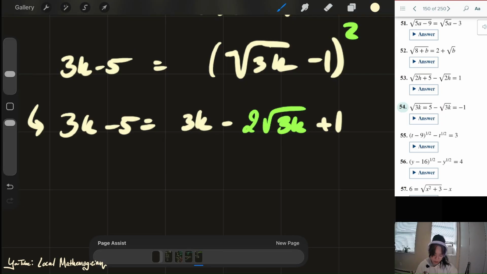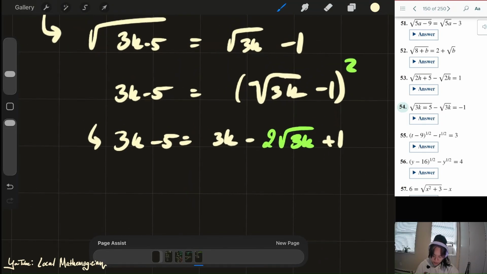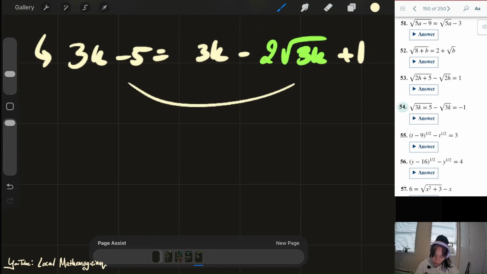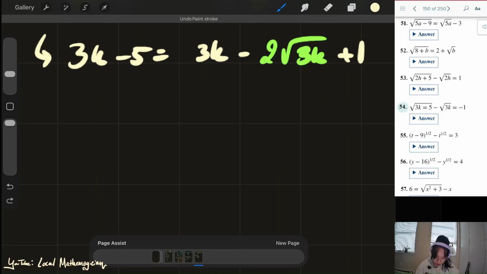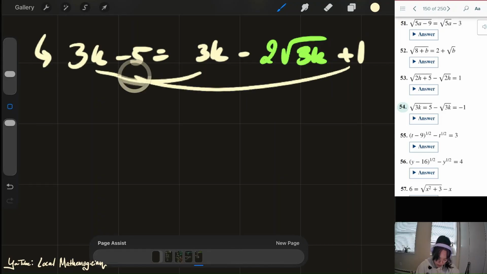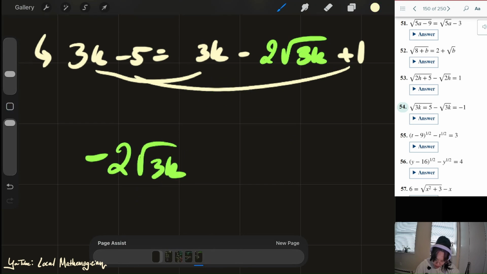Okay, we're going to shuffle some things around. And that should give us negative 2 root 3k is equal to 3k minus 3k is 0, negative 5 minus 1 is negative 6.